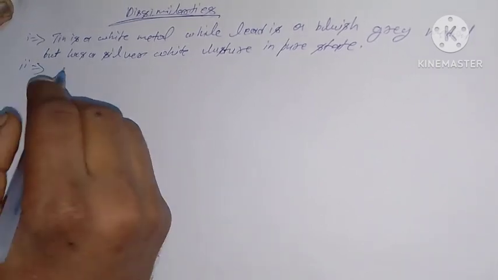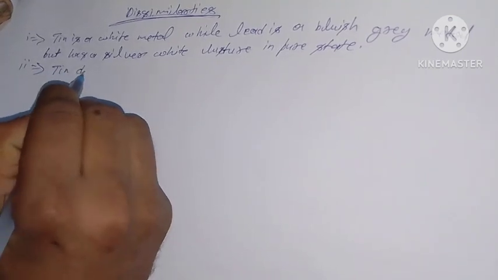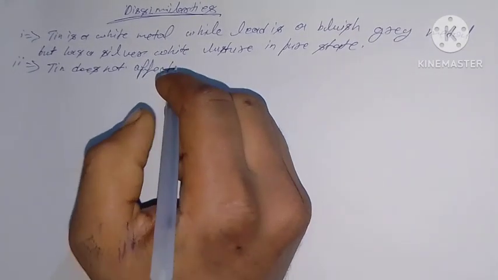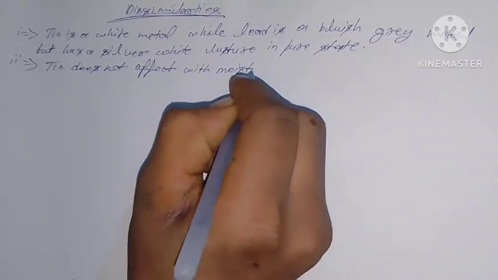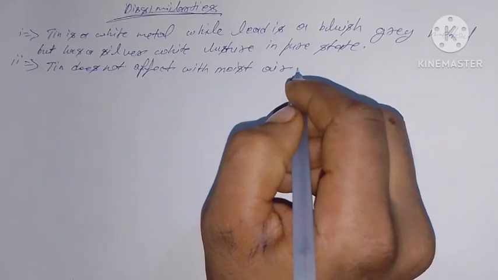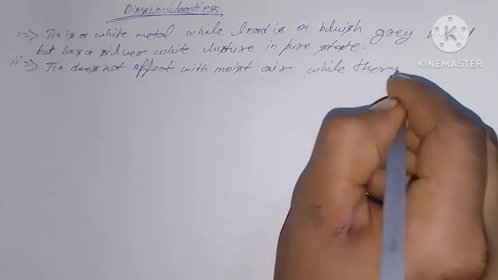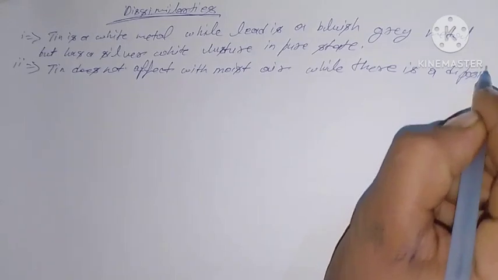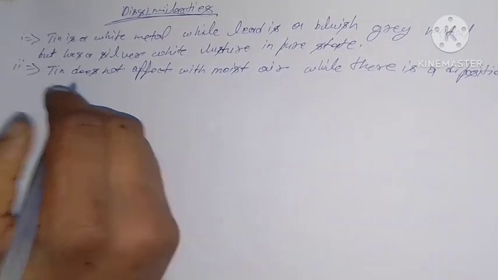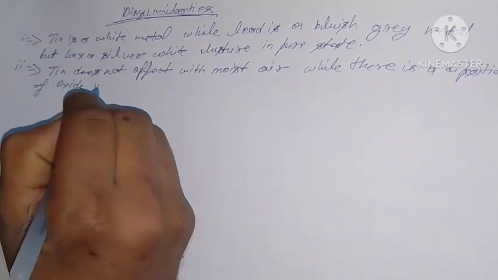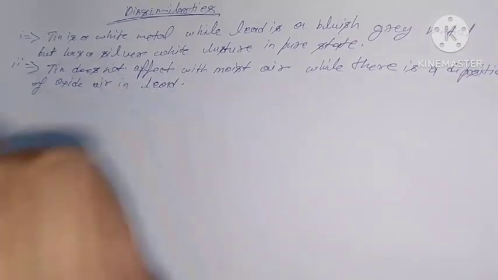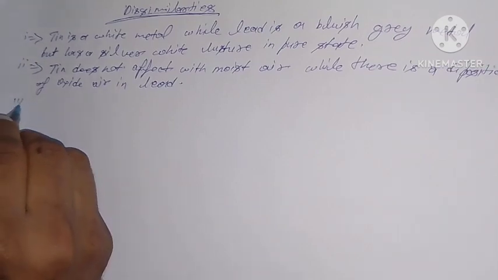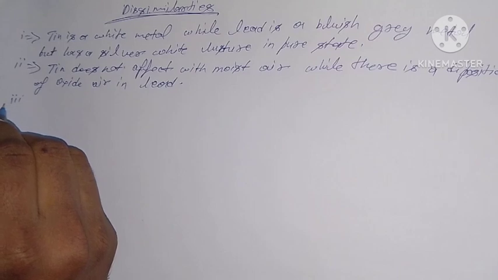Tin does not get affected by moist air, while there is a deposition of an oxide layer in lead.